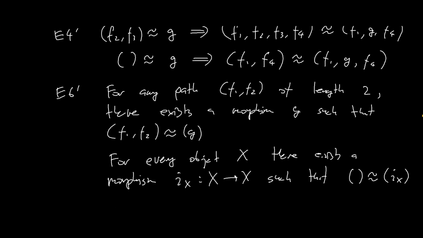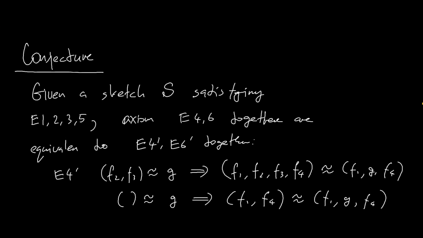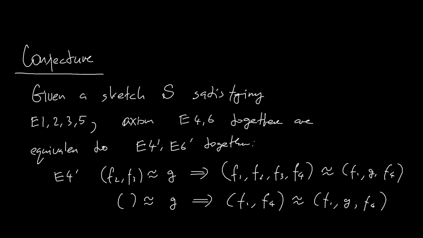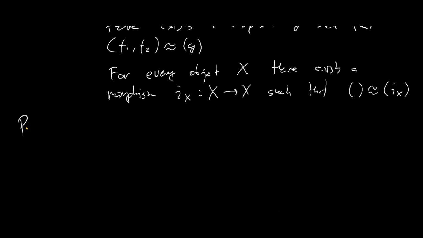But of course, the point of the conjecture is that these special cases turn out to imply the others if I have all the other axioms. And let's see why this is so. So I actually want to call this a theorem, because we're going to prove the theorem, although we will probably only give an outline of the proof.